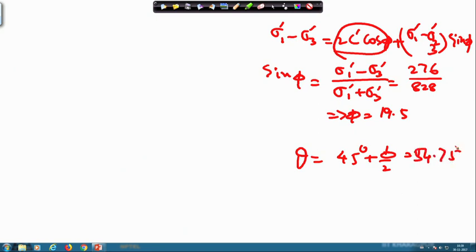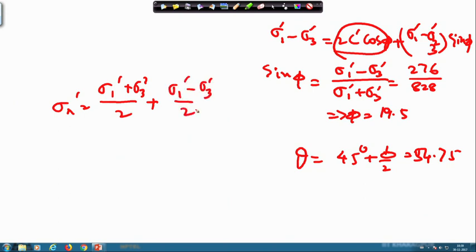54.75. And if you know the plane, and on that plane what is the normal and shear stress, that expression we know: sigma n equal to sigma 1 dash plus sigma 3 dash by 2 plus sigma 1 dash minus sigma 3 dash by 2 cos 2 theta. If I put all the values, finally you will get 367.9, the same value we got in the previous method.